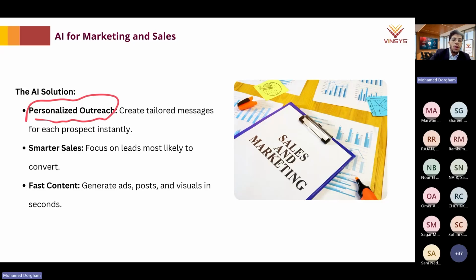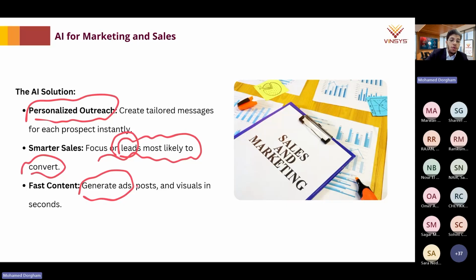It can even focus on the leads most likely to convert. After I study the leads and know all the information about them, I can understand clearly which prospects I can hook into what I'm doing.